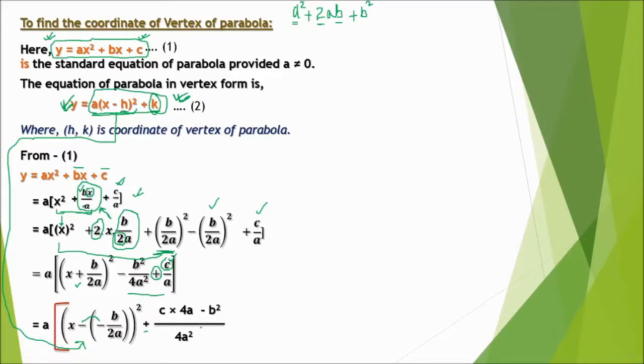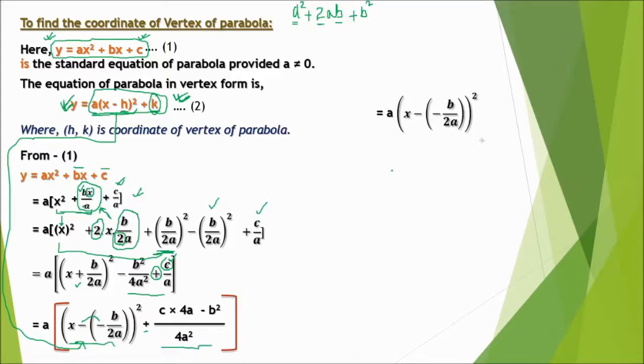So bracket close. Now only simplification is remaining, equal to a, and we are going to multiply with a. Both this term and this term will be multiplied with a.